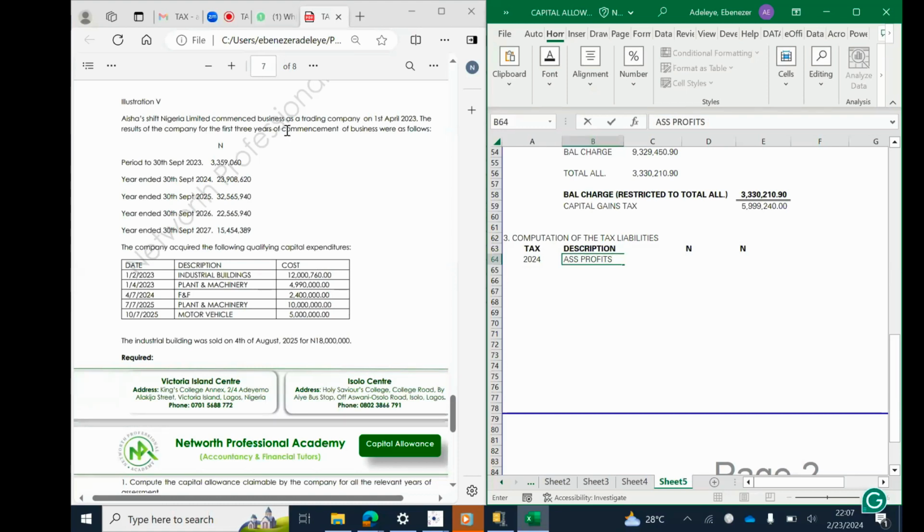Assessable profit for 2023. Let me put this in brackets so that it is clear what we are talking about. What is the basis period for this one? Do we actually have to put the basis period? We all understand that this will be assessed in 2024, right?